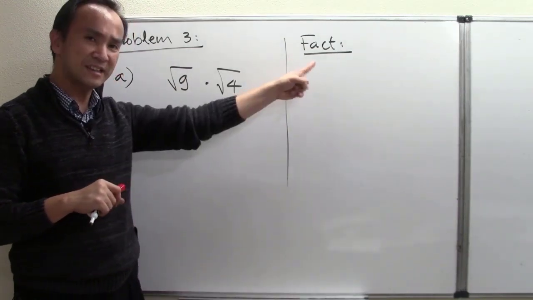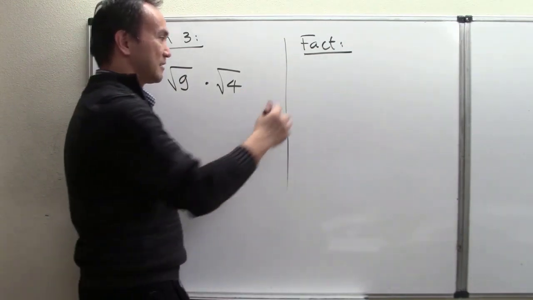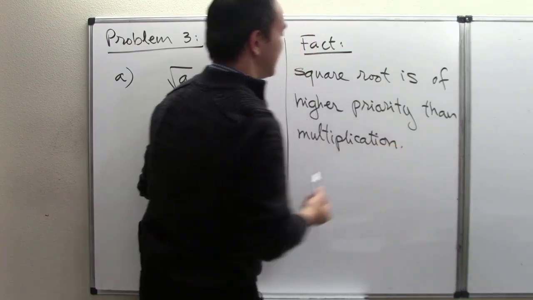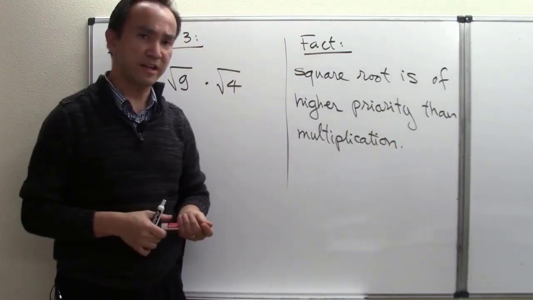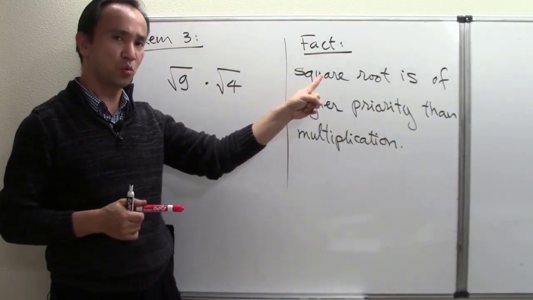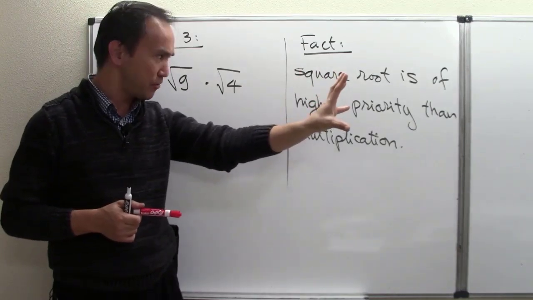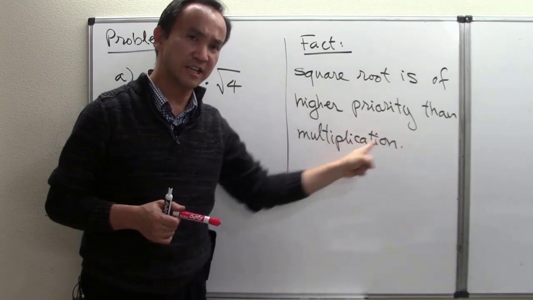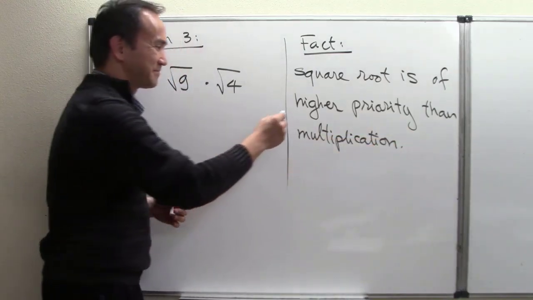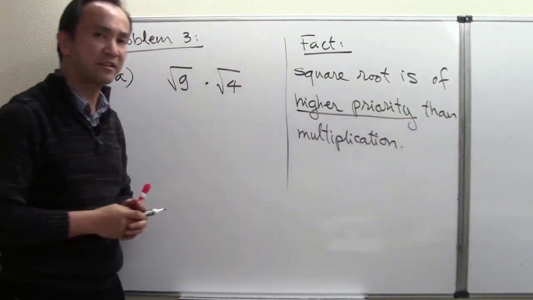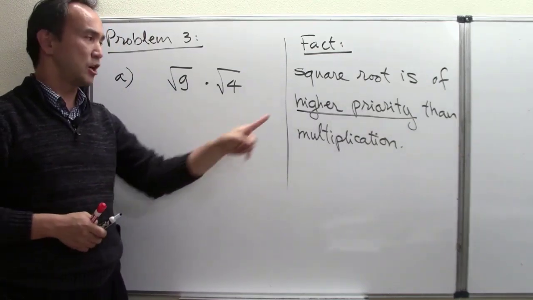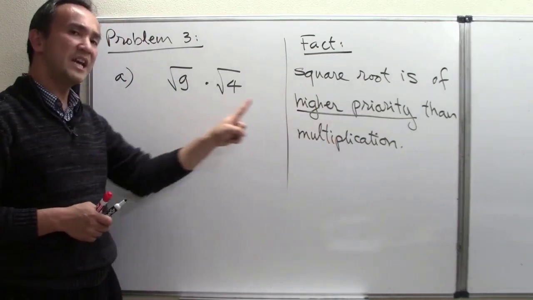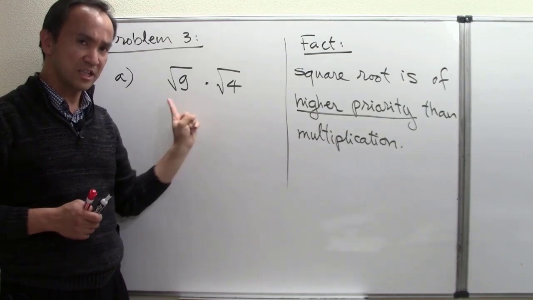And so the fact I was about to mention is that square root now is understood as an operation. Square root is of higher priority than multiplication. With this statement, it leads us into the way of working with this particular problem.